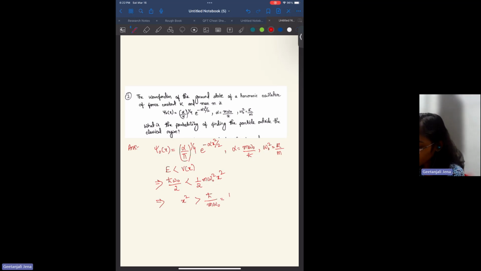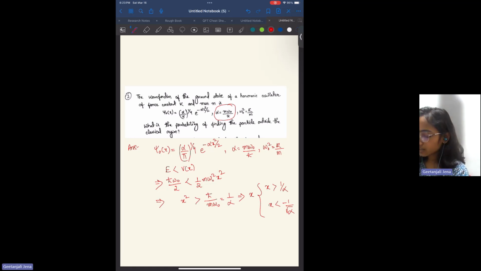So this is nothing but 1 by alpha. Alpha is given here. From here you can easily find the limit of this non-classical region. So the non-classical region limit will be x greater than 1 by root over of alpha and x less than minus 1 by root over of alpha. So these are the limits for the non-classical region.